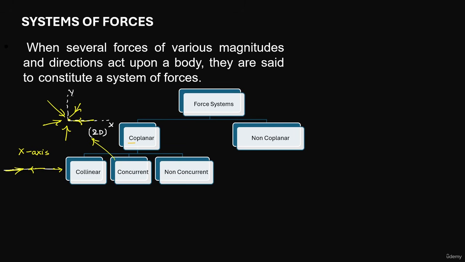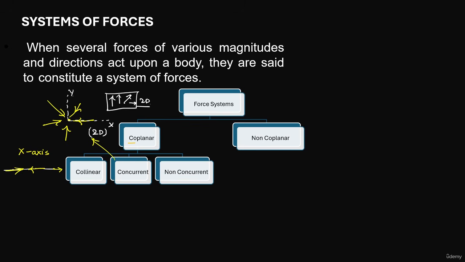In the same way, if we take up non-concurrent, the forces lie in a single plane, but they will have different orientations. So it is the two-dimensional approach, but with non-concurrency. Based on this non-concurrency, the mathematical equations are going to be more. In the concurrent forces, we would be using resolution of forces along x and y direction, and that is where our problem ends.